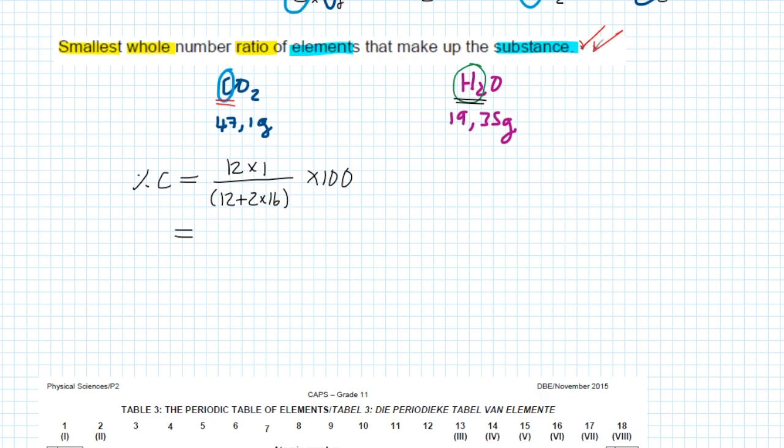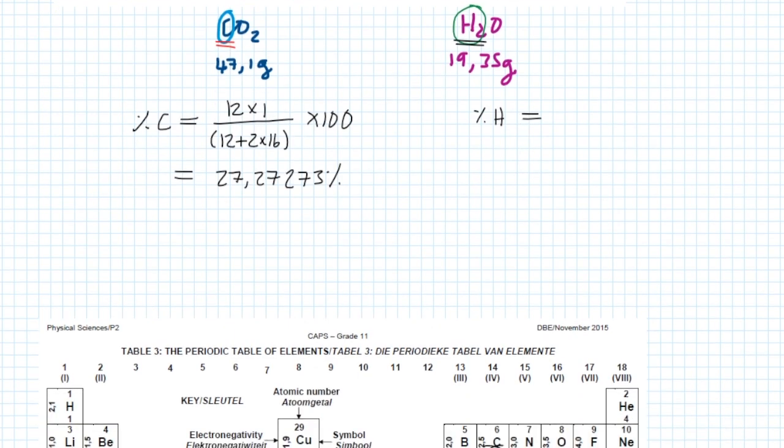In the end, we find that the percentage of carbon in carbon dioxide is 27.27%. But this is actually a rounded off version, so I'm going to make it 27,27273%. Okay, so that is the percentage of carbon in this compound. We can now determine the percentage of hydrogen in water. That is going to be the atomic mass of hydrogen, which is 1.